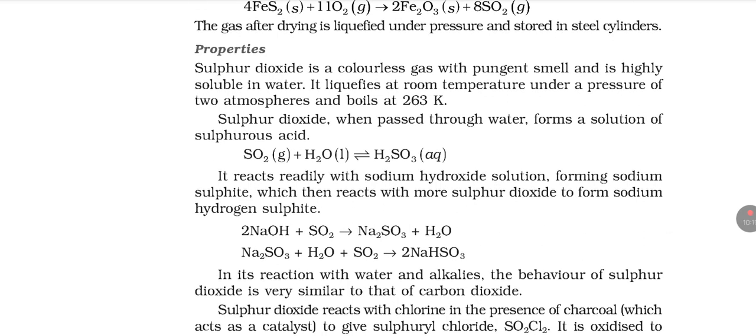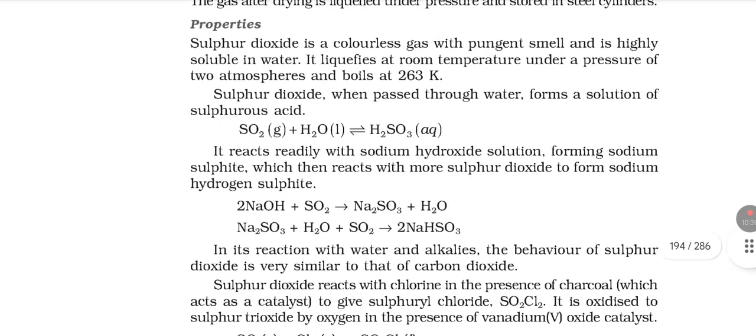Properties: sulfur dioxide is a colorless gas with a pungent smell and is highly soluble in water. It liquefies at room temperature under a pressure of 2 atmospheres and boils at 263 Kelvin. Sulfur dioxide, when passed through water, forms a solution of sulfurous acid.